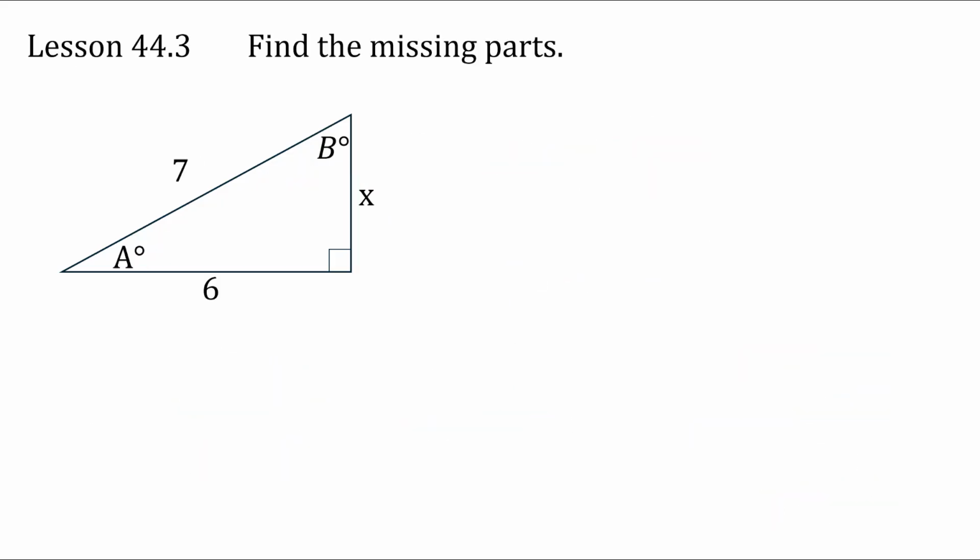All right, now we have one where both angles are missing. So this is one where we will have to use an inverse trig function. All right, so let's say we want to find angle B. What do we have in relationship to angle B? Well, we have the opposite side to B, and we have the hypotenuse. So the trig function that involves opposite and hypotenuse is sine. So if we were going to do sine B, that would be opposite, which is 6, over hypotenuse, which is 7.